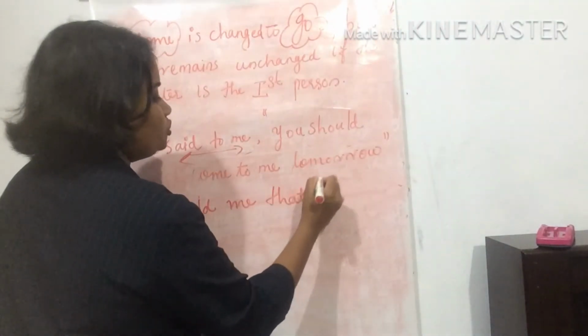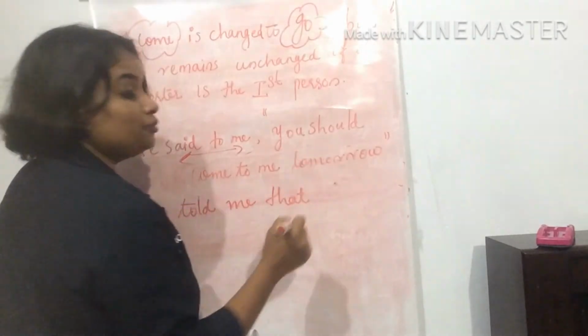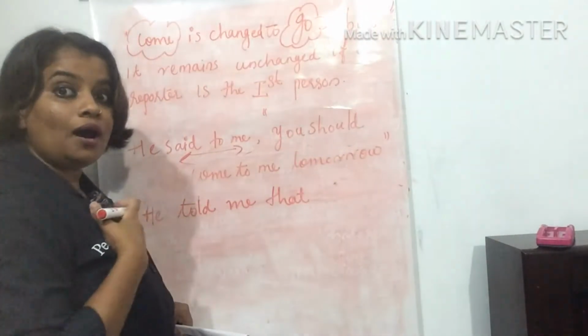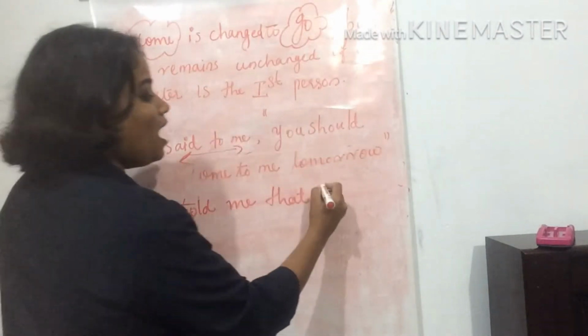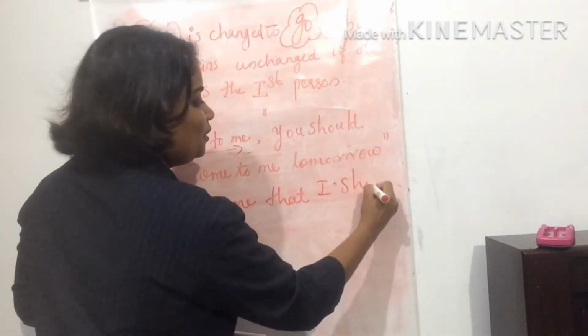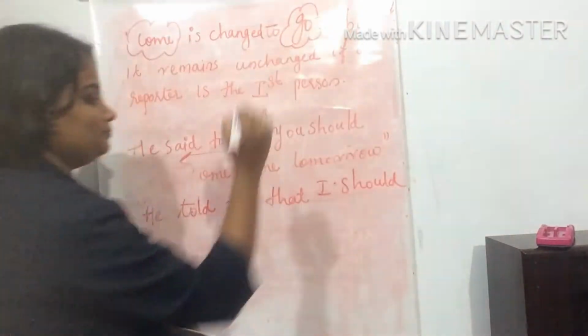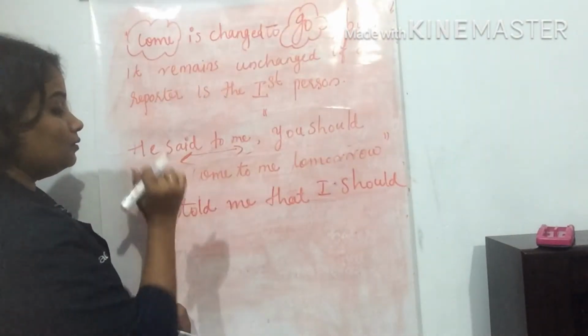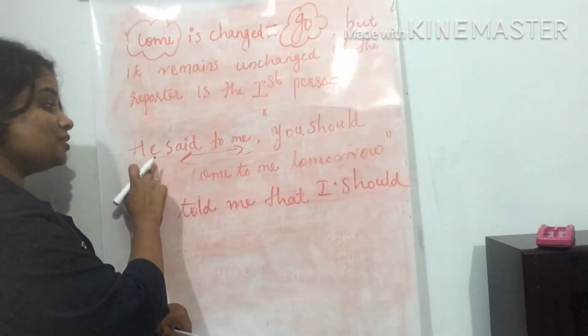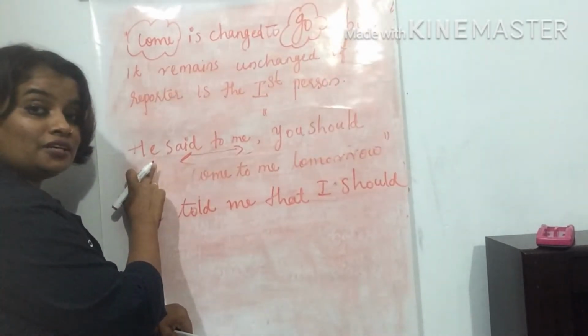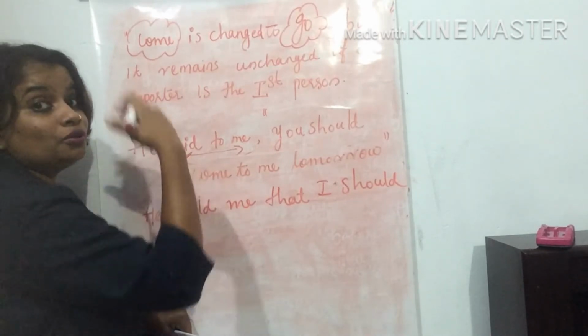that, the normal conjunction, you should. The second person changes to I should, because me has come. So I should come to me. If the reporter of the statement is the second or third person, come changes to go.